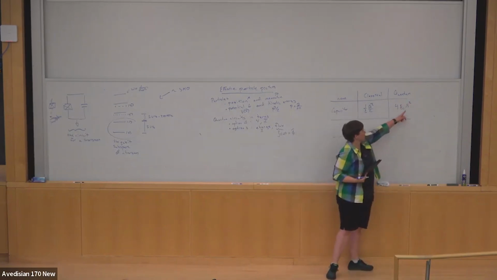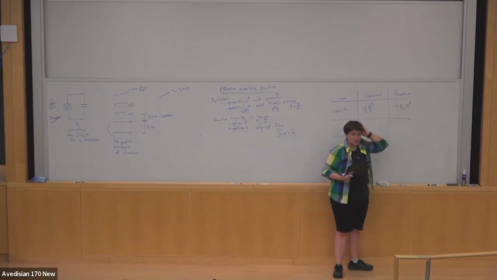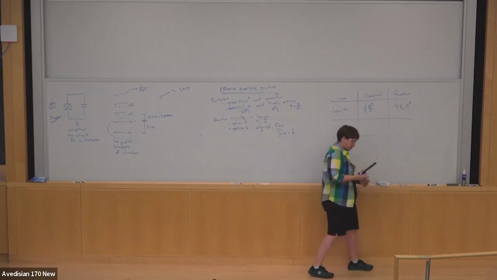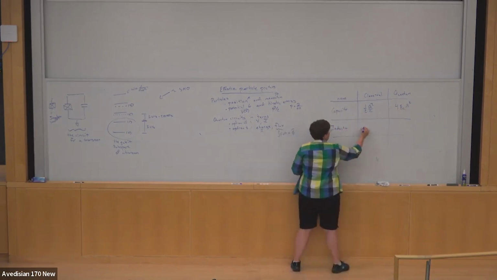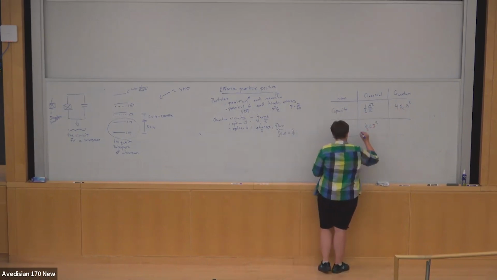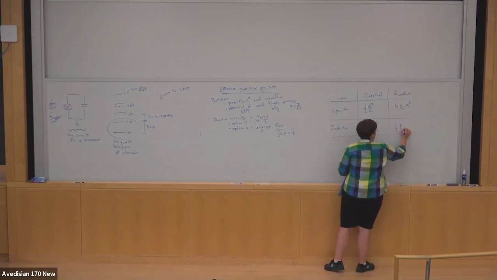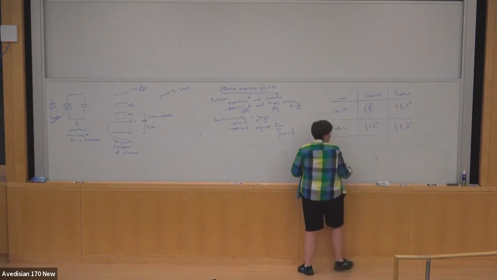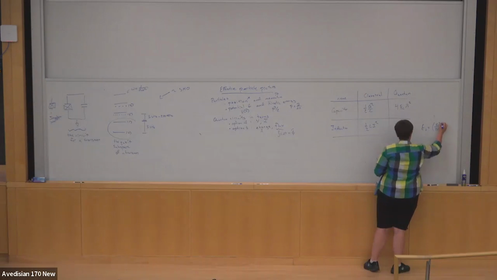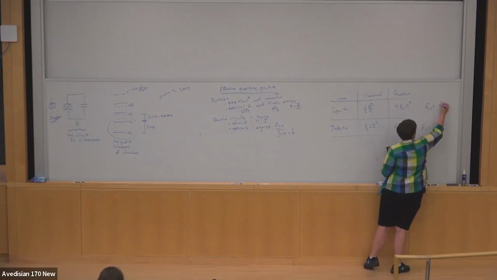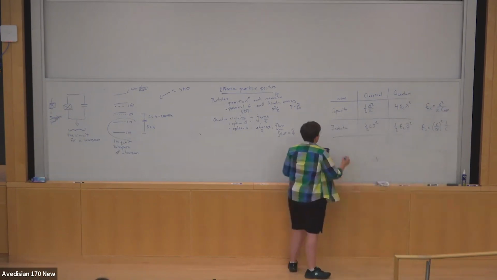So n hat is the charge operator, and the coefficient is traditionally factorized in this way. The inductor classically is 1/2 L I squared. And so quantum, that would be 1/2 EL phi squared, with EL equal to h bar over 2e squared times 1 over L, and EC equal to e squared over 2 times the effective capacitance.